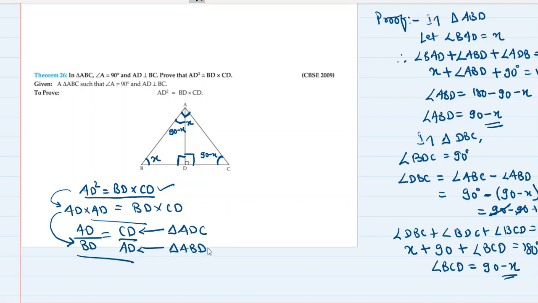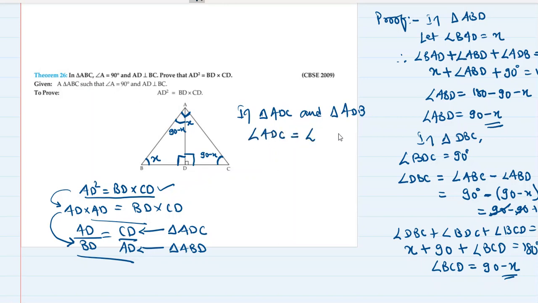ADC and ABD. How do you know that? From that backdoor technique which I have discussed with you earlier as well. So this backdoor technique will be very useful. Remember that. So in triangle ADC and triangle ADB, in triangle ADC, angle ADC is 90.